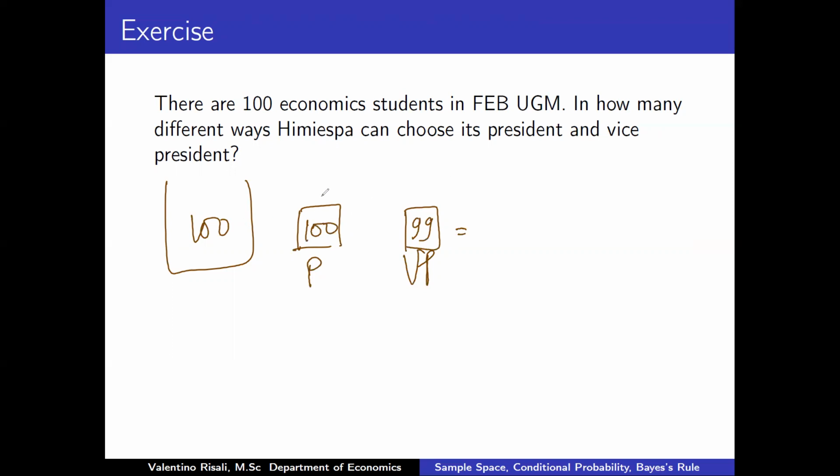For the president, we can select from these 100 students, and because one student cannot hold these two positions, for the vice president we only have 99 people, so we can multiply and get this result.